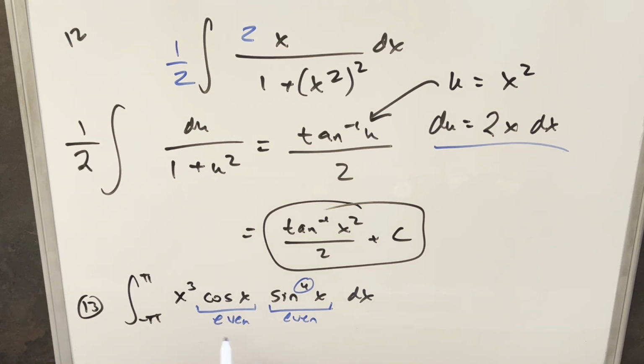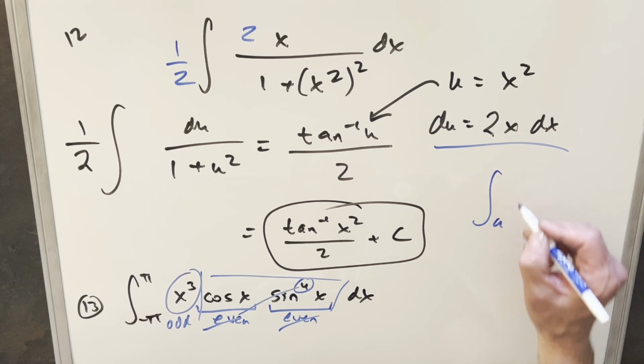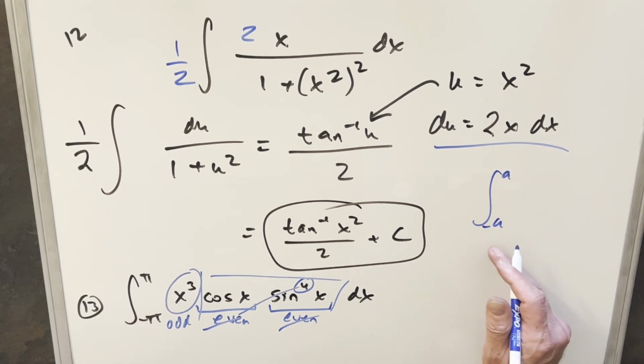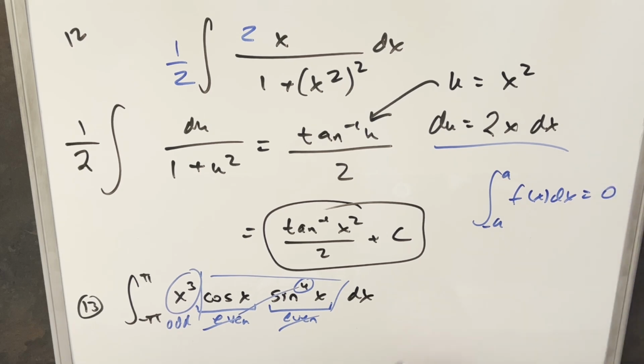When you plug in a minus x, the minus sign just goes away, so those parts aren't really contributing, and x cubed is an odd function. So the whole thing is an odd function. We have the principle that for finite bounds minus a to a, if f of x is odd, then the integral is just 0. You can do this in like 1 second and write down the answer of 0.